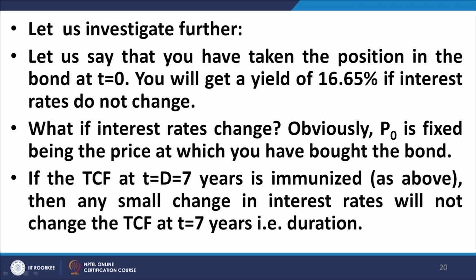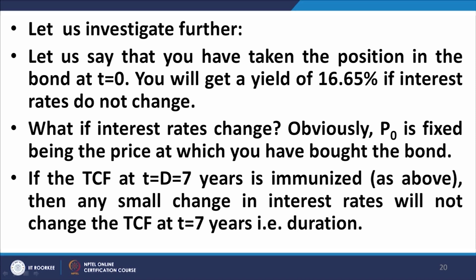So, let us investigate this further. Let us say that you have taken this position in the bond at t equal to 0, you have invested in the bond at t equal to 0. I will go through this slowly, this is very interesting. Then you will get a yield of 16.65% provided that the market interest rates do not change.